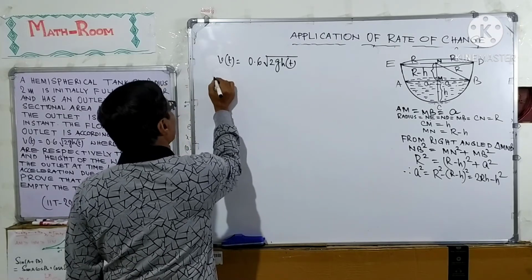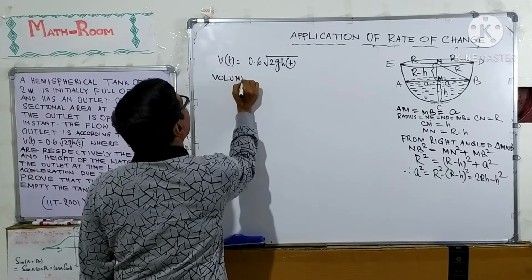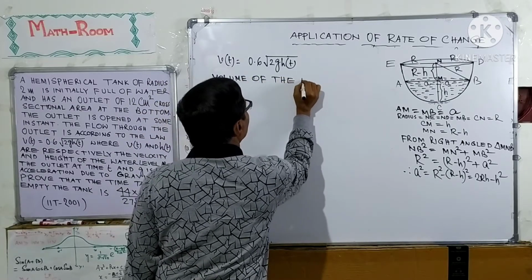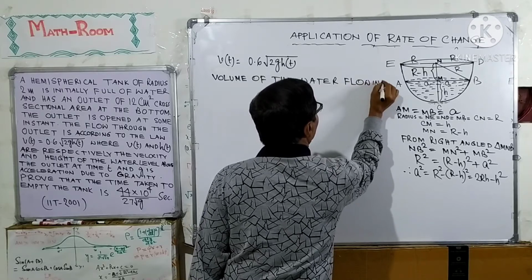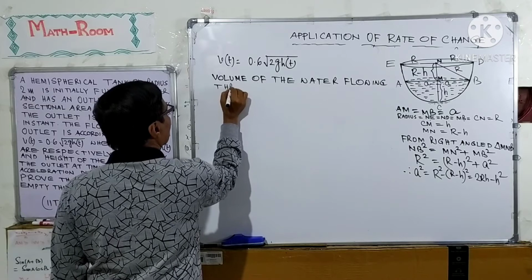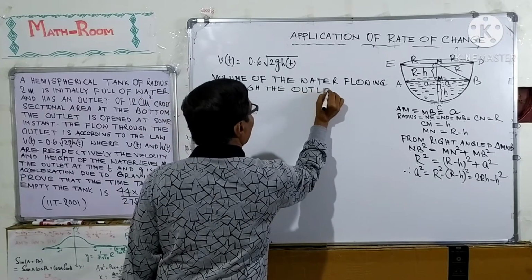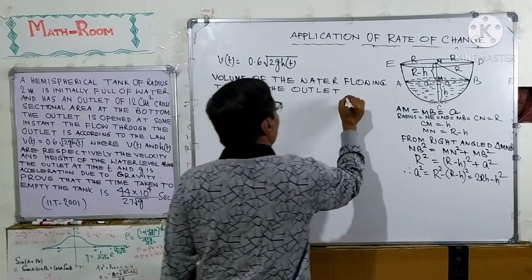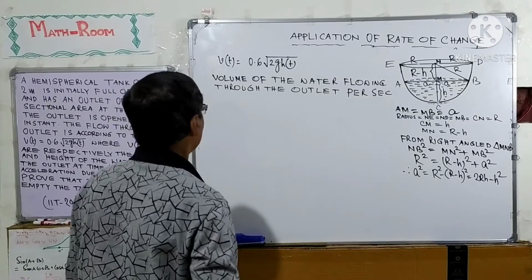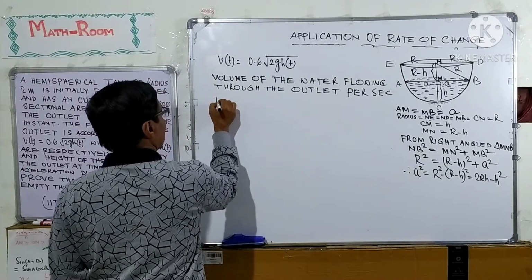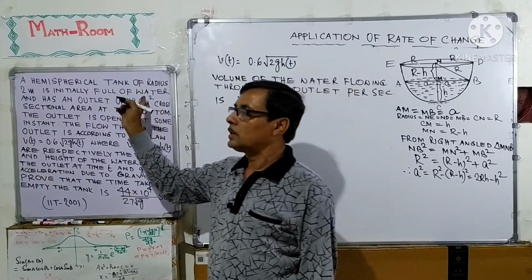So we can get the volume of water flowing through the outlet per second, which is v(t) into the cross sectional area of the outlet.